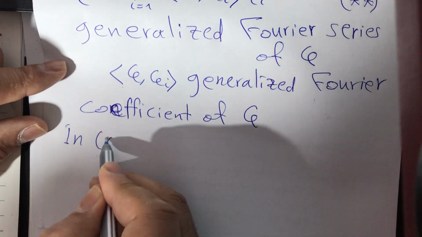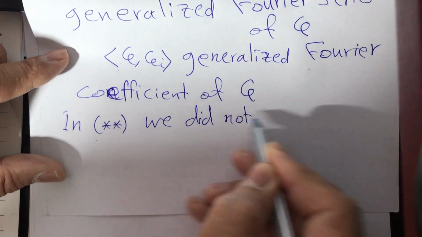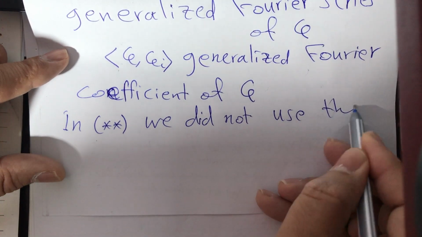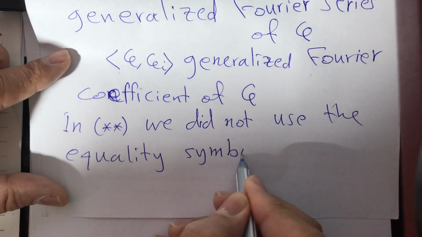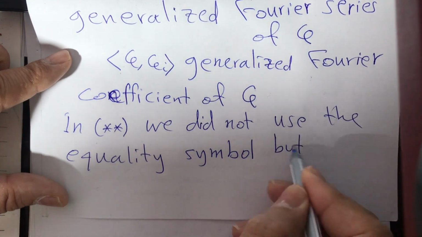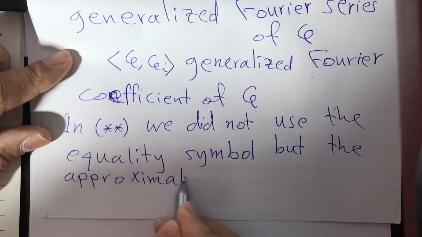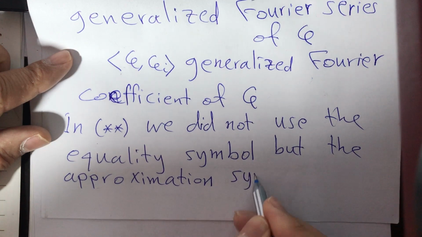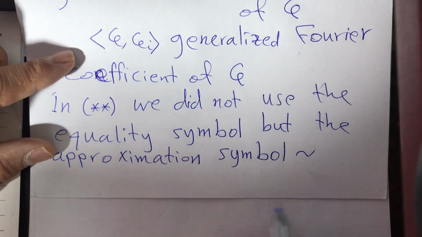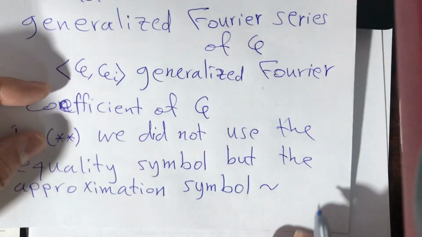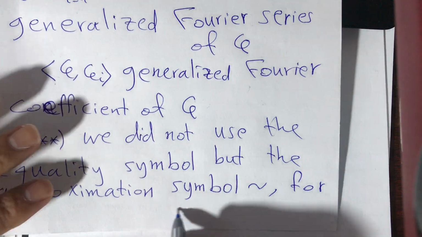In double star, we did not use the equality symbol, but the approximation symbol. This is page number 5.